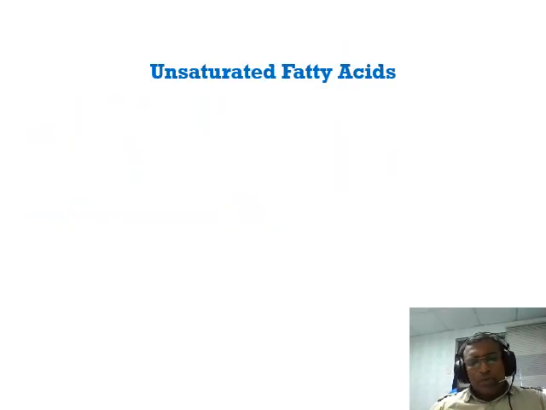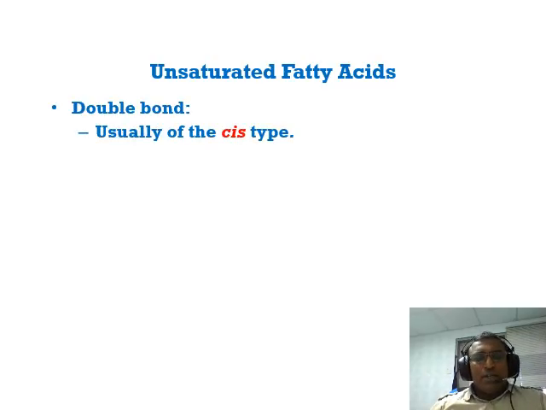So now we move on to more information on unsaturated fatty acid. It is cis type. There is also trans unsaturated fatty acid, but it is man-made rather than found in nature.